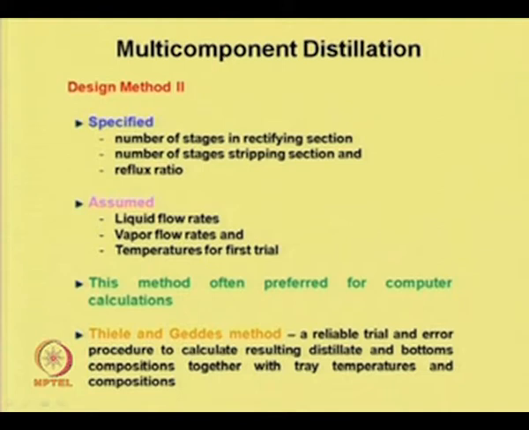This method is often preferred for computer calculations. Now, the Thiele and Geddes method is a reliable trial and error procedure to calculate the resulting distillate and bottom compositions together with the tray temperatures and compositions.